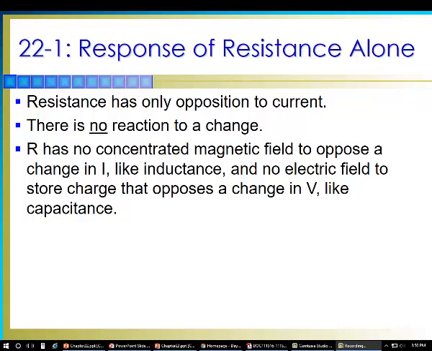When we talk about inductors, as we may recall from previous lectures, inductors have something called reactance. Instead of resistance, we call it reactance. It's opposition to current, but that reactance is due to a reaction that inductors have when the current changes.